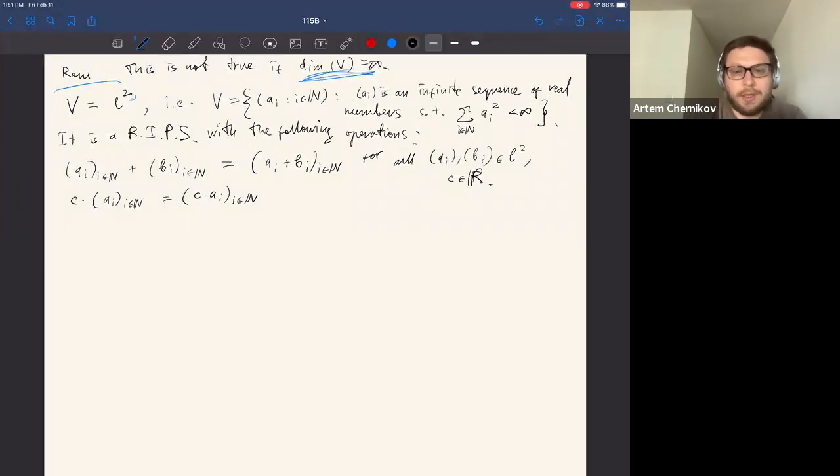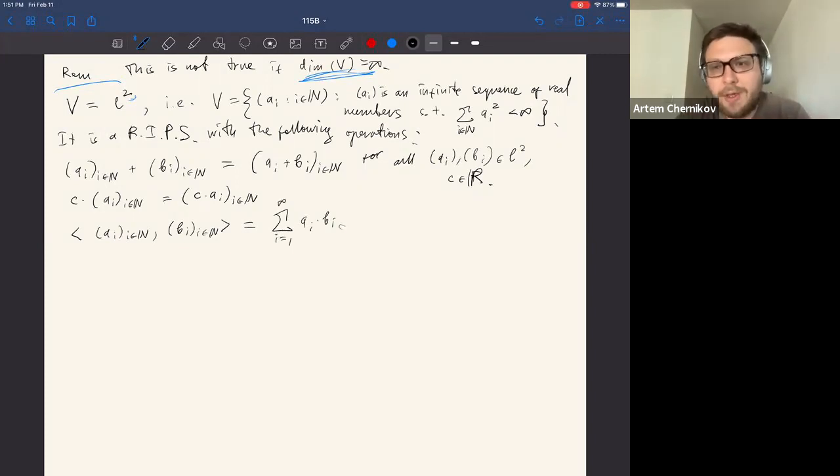Okay, and finally I tell you what the inner product is here. So the inner product of two sequences is given by the same formula as the dot product. So this is just the sum over all a_i times b_i, where i ranges from 1 to infinity. Okay, so this is again an infinite series.